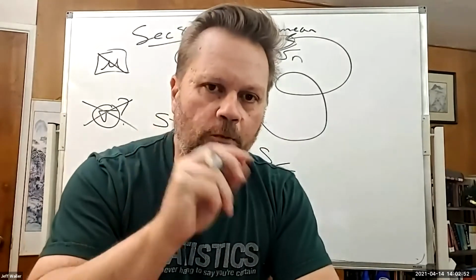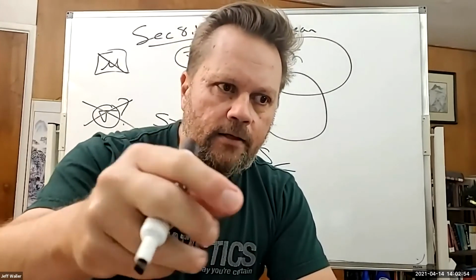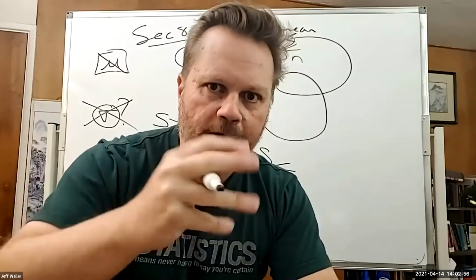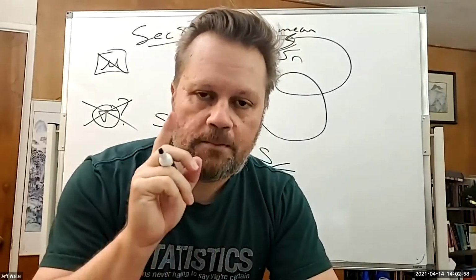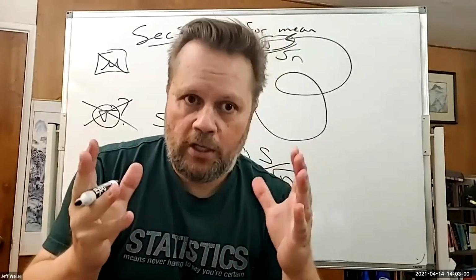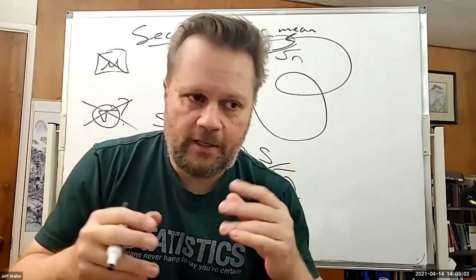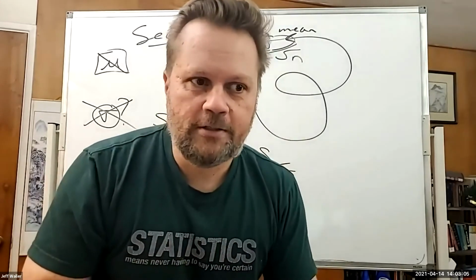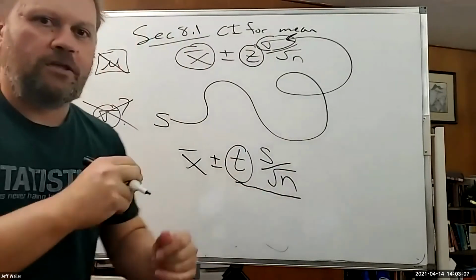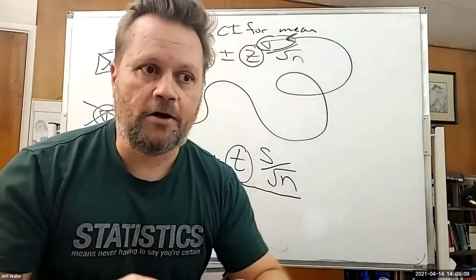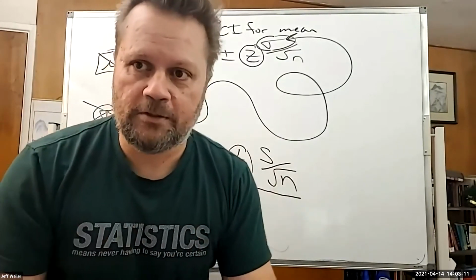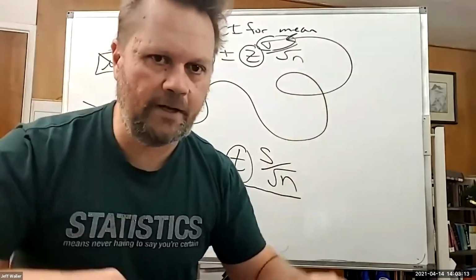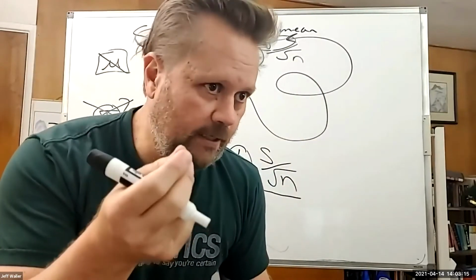Since he worked at Guinness, they had control over any research he did. So he submitted it under a pseudonym, a fake name. He used the name Student. So it was this T distribution that he created, and he called it the Student's T distribution. Not a very exciting story, except it's connected to booze.